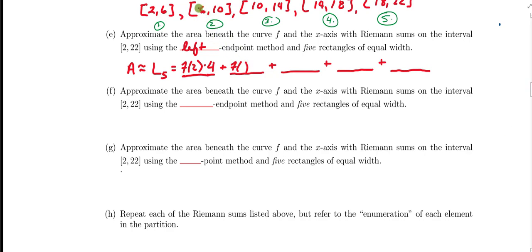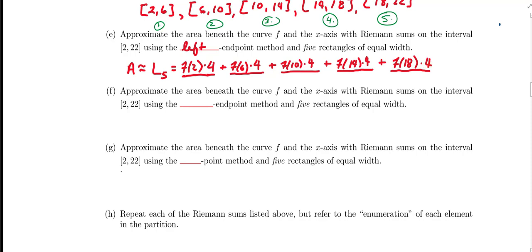But because I've been tasked specifically with doing the left endpoint method, I'm going to pick 6 there, plug it into the function, and evaluate that. That's going to give me the height of this rectangle, and then I'm going to multiply it by its width. Continuing on, we have f of 10 times 4, f of 14 times 4, and f of 18 times 4.